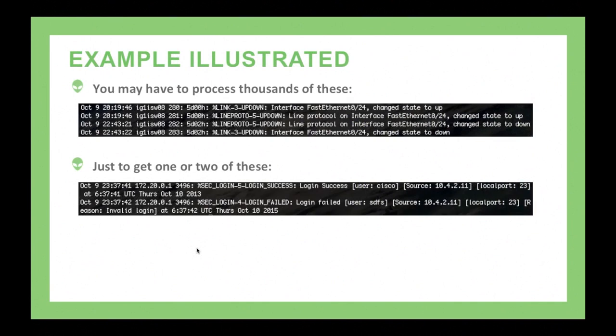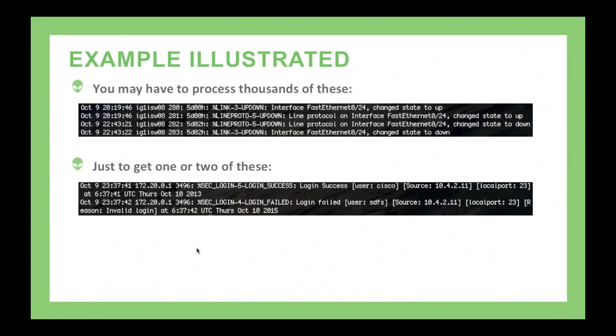So let's take another illustration of this particular example. One of the challenges that I mentioned is blanket logging from these devices. They generate an immense amount of information. So we're looking for login failures, and the reality is that you're probably going to see literally tens of thousands, if not hundreds of thousands, of interface state change log messages in a given week or a month, and in reality you'll probably only see a couple of login or login failure type messages from that same equipment, right?